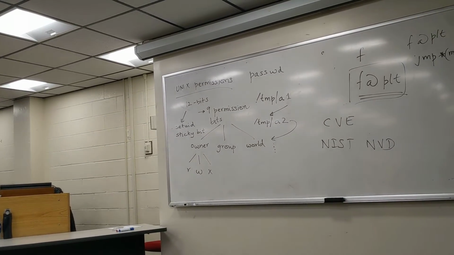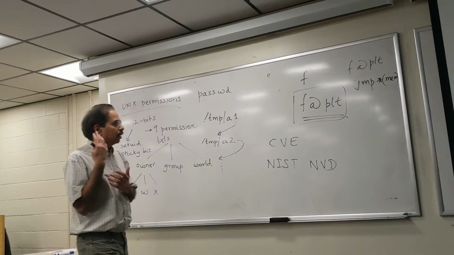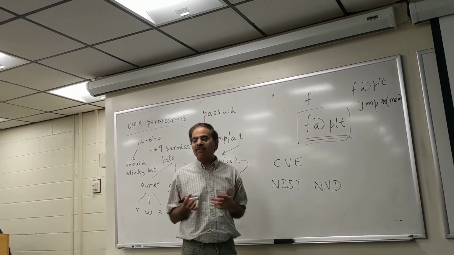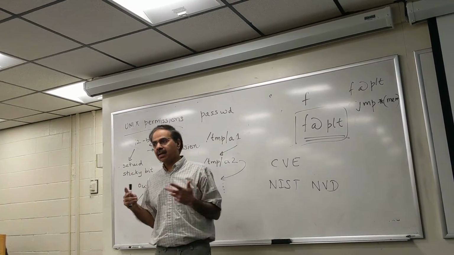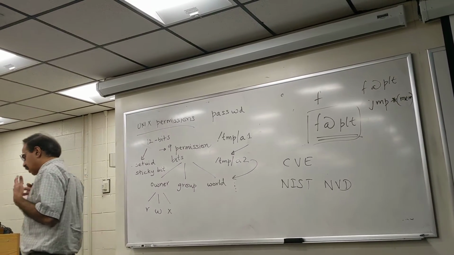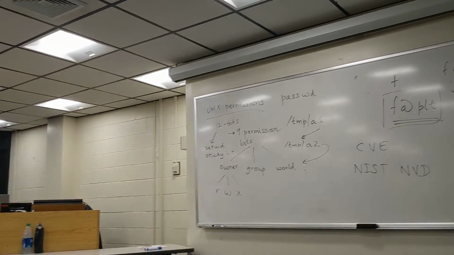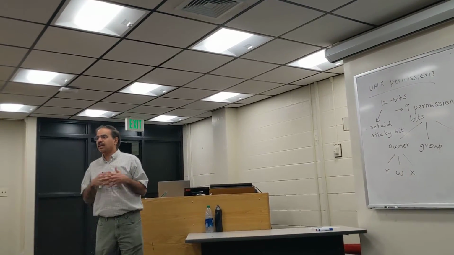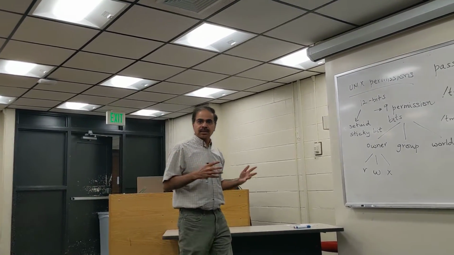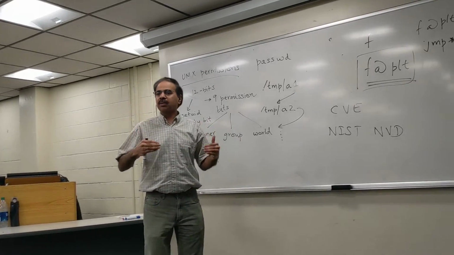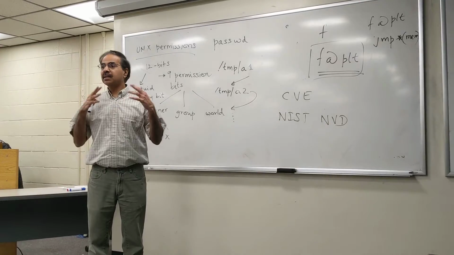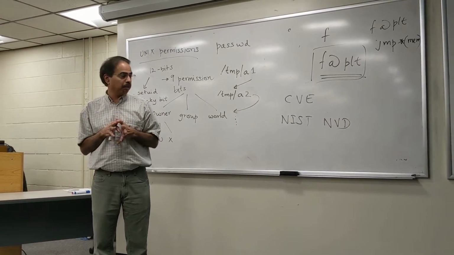But CVEs are not very helpful to understand the landscape or the types of problems that happen, because they just tell you instances of a problem. It could be a million buffer overflow problems, and just looking at a million of them doesn't necessarily help, because all you need to know is that it is a particular type of buffer overflow.